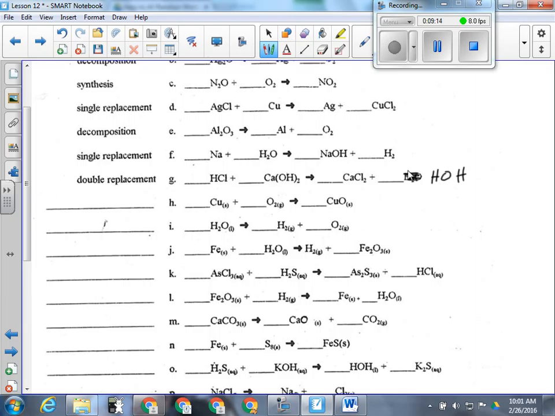Because now it's going to be easier to track where the OH went during the reaction. So if you ever see a situation like this where you've got OH on one side in a compound and water on the other side, change the water to HOH. It's usually going to be a replacement reaction where you're going to do that. In a combustion reaction, you don't need to change the way you write water. H2O is easier in that case to track. But in an ionic reaction, single replacement or double replacement, it's usually easier to write water as HOH.